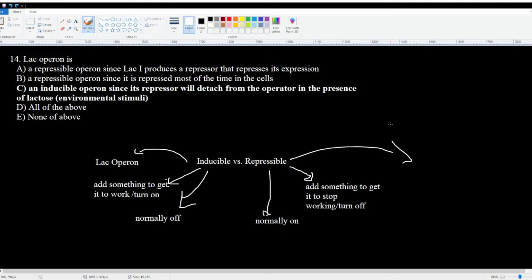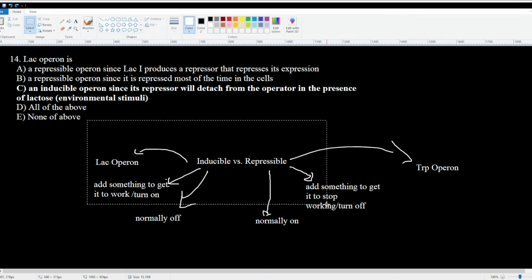So once we add tryptophan, it acts to repress the genes that make tryptophan. I'm not sure if it's a negative feedback loop, but essentially we make this stuff and once we've made enough, we stop making it. So we could say it's normally on, and we have to add something like tryptophan to get it to stop working, to turn it off.